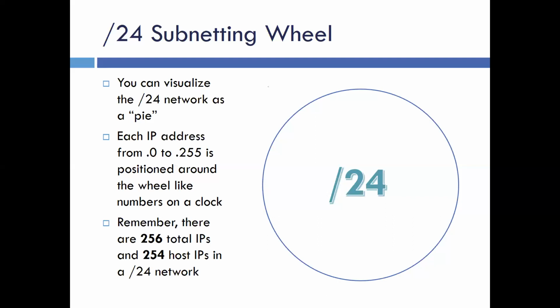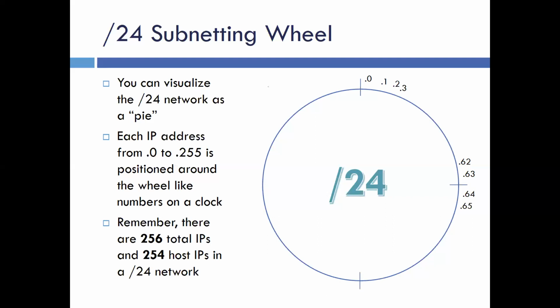The subnetting wheel or pie starts with the network number .0 at the top. Each IP address in the range is positioned around the wheel like numbers on a clock. At the quarter mark, we see the number .64. 1/4 of 256 is 64.